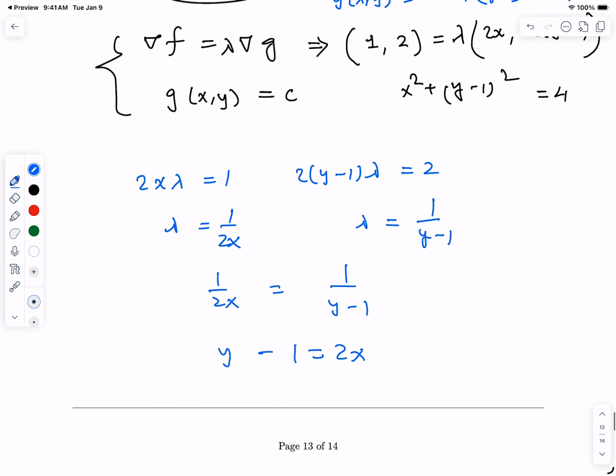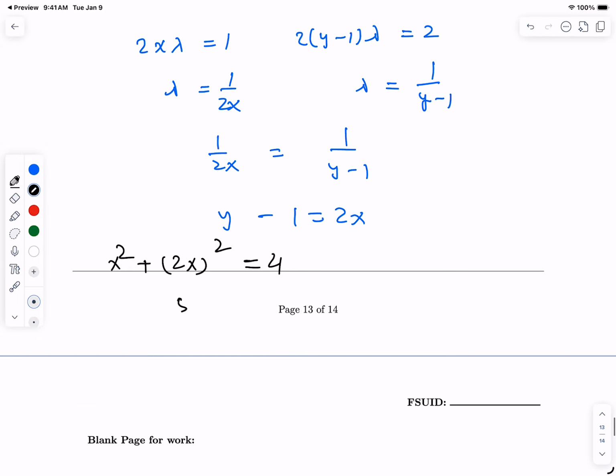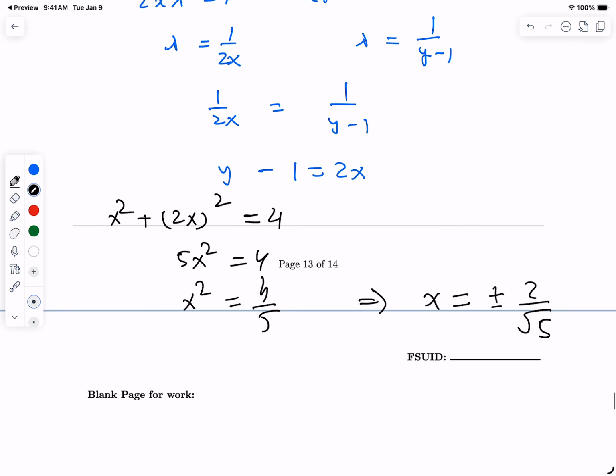So in this equation I can replace y minus 1 with 2x to get x square plus 4x square is equal to 4. So this is 5x square equal to 4, x square is 4 over 5, x is plus minus 2 over root 5. So y is obviously plus minus 4 over root 5 plus 1.